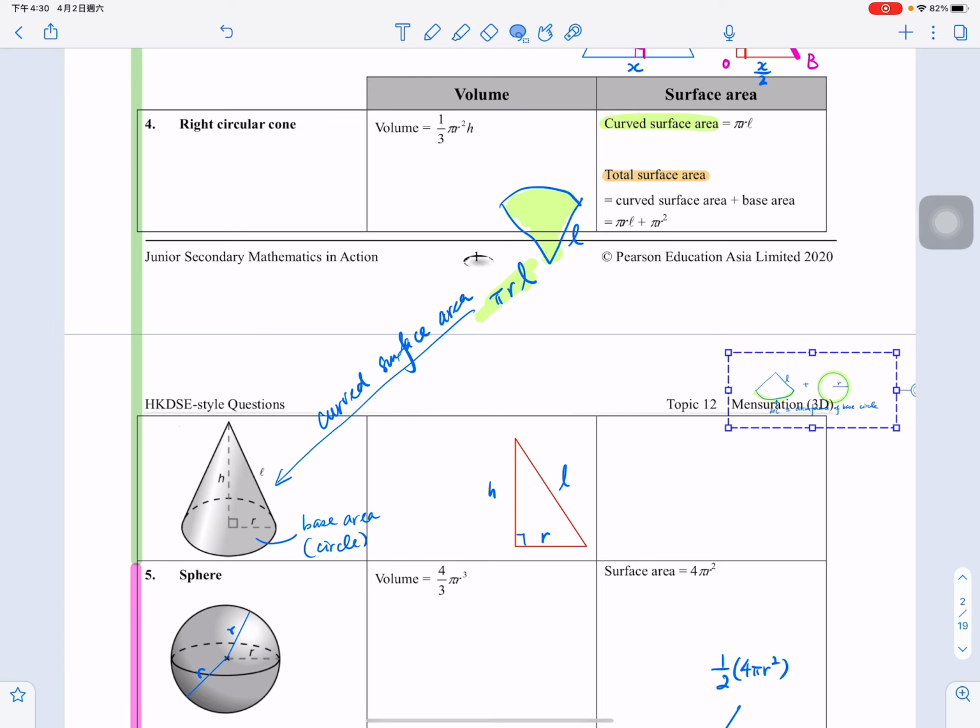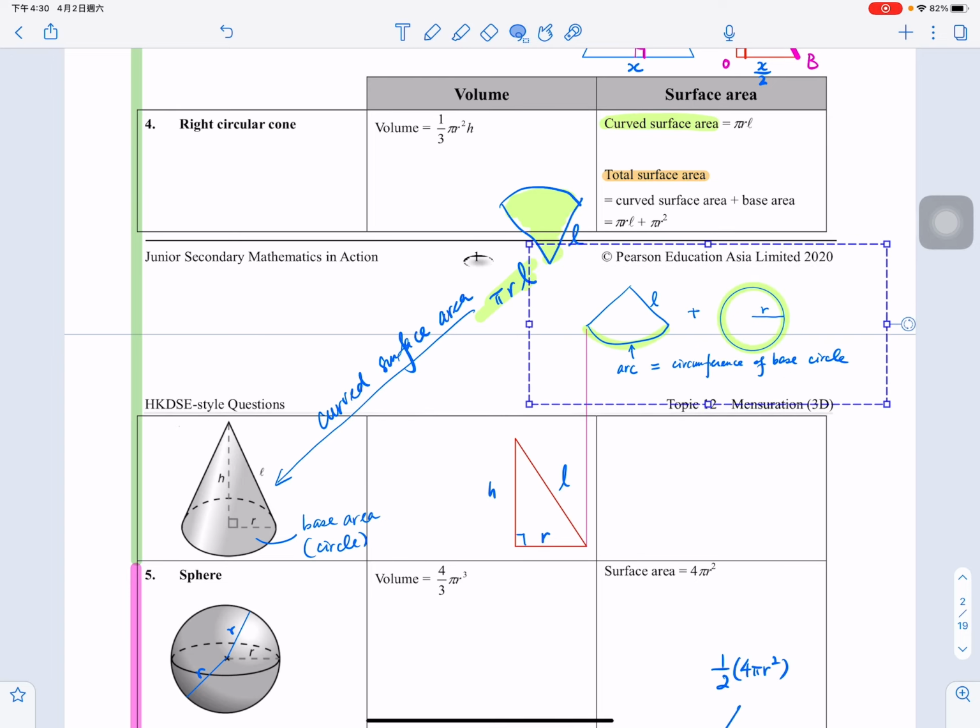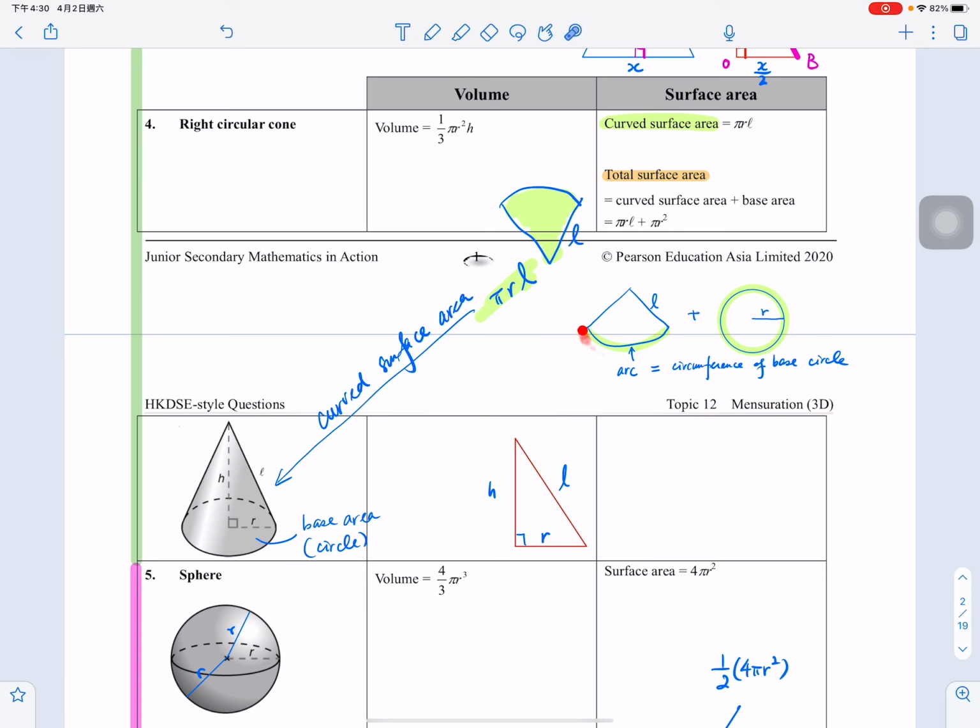Remember 2 things: the curved surface area plus the base area.